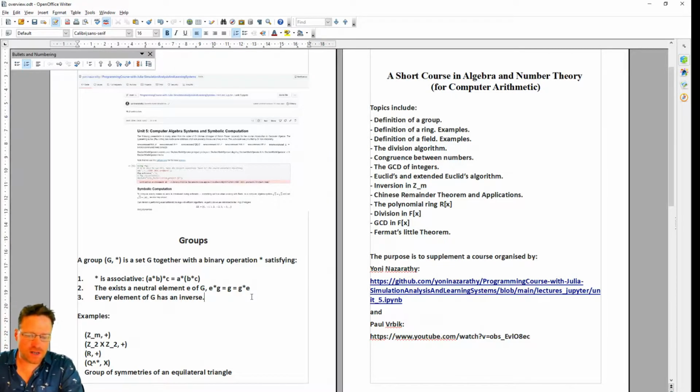Okay, and every element, let's say G of uppercase G, has an inverse.